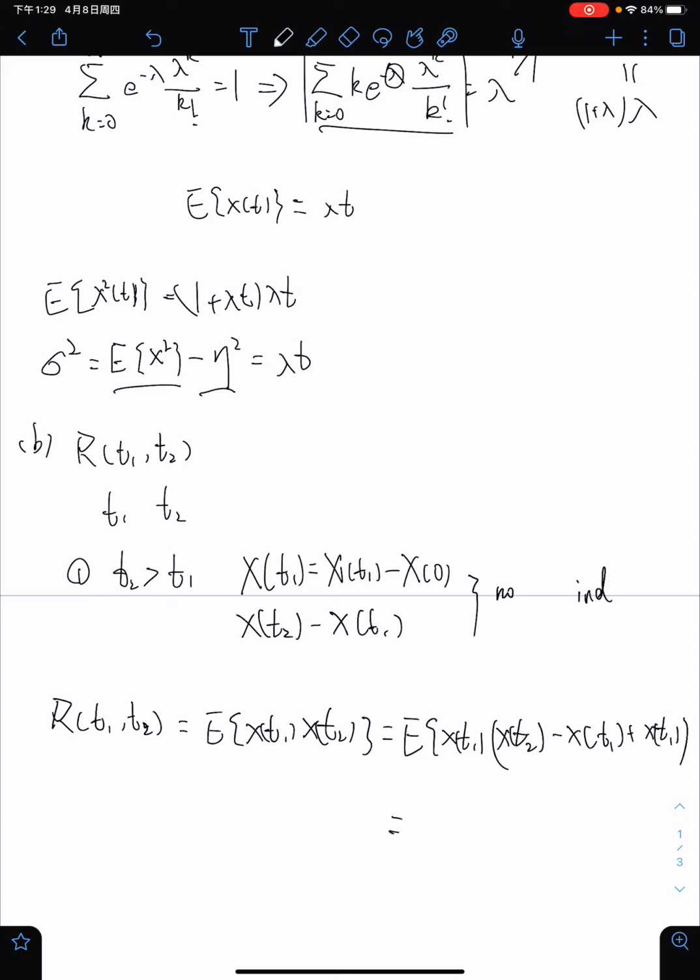We can divide it into two parts, because these two things are independent, so X(T1) times X(T2) minus X(T1) can become two expected values, and I will write it down.